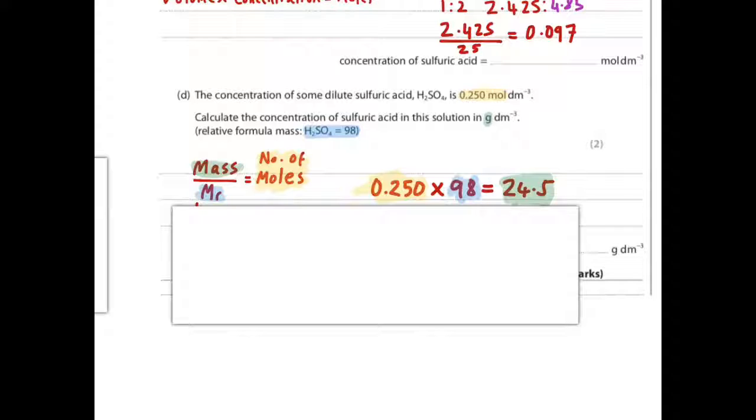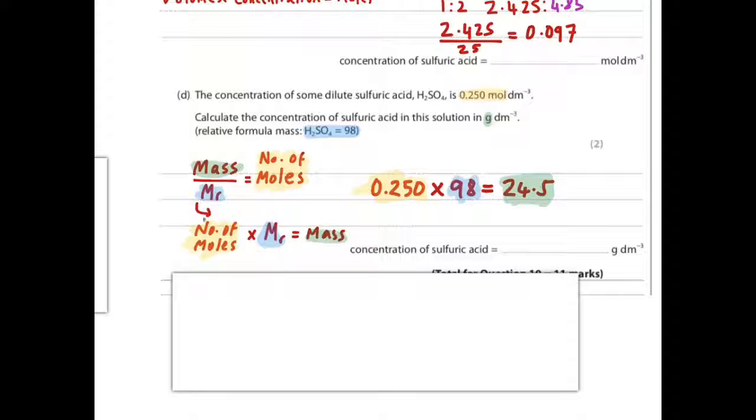So all you're doing is rearranging that because we're trying to find out what mass is, so number of moles times formula mass equals mass. And if you do that, you have 0.250 times 98, which will give you 24.5 grams, 2 marks.